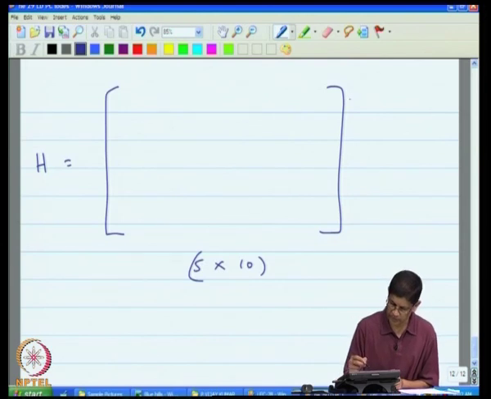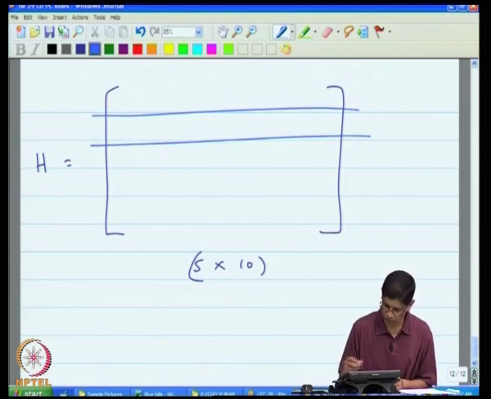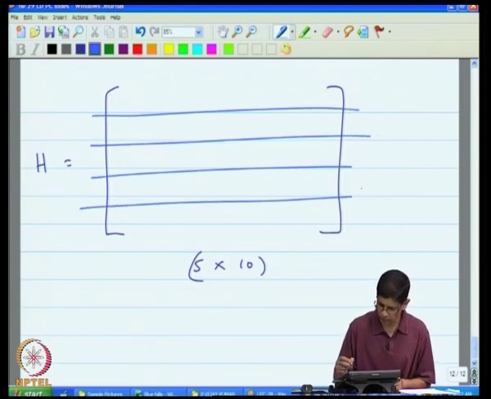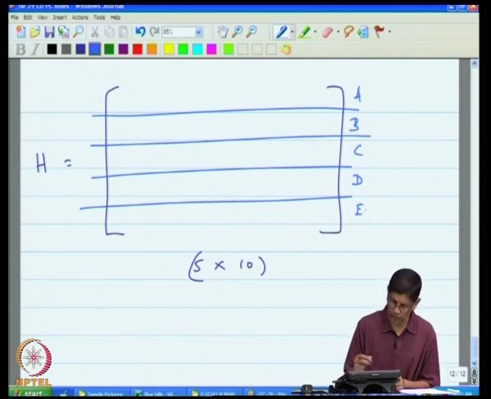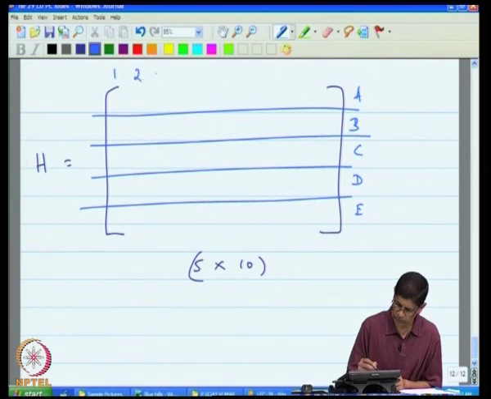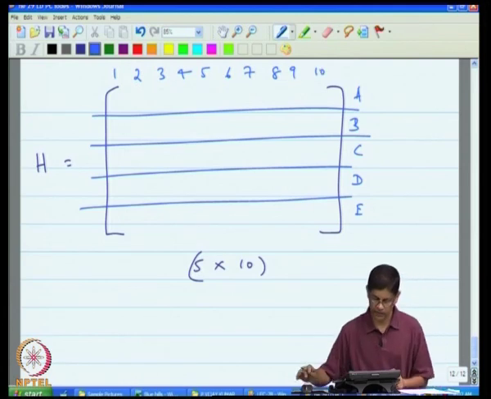The rows of the matrix are, let us say, labeled as A, B, C, D, E, and there are 10 columns. So, the columns are numbered 1, 2, 3, 4, 5, 6, 7, 8, 9, 10.